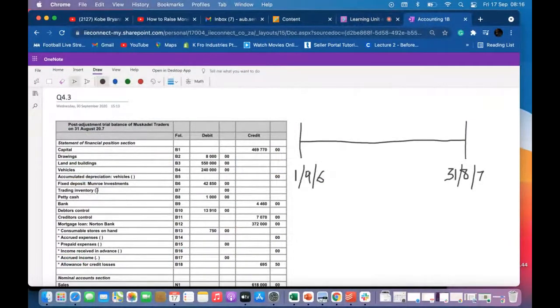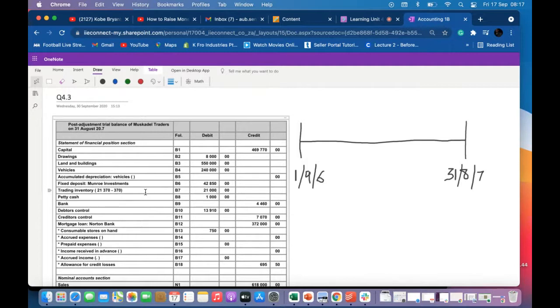We look for trading inventory, and there we say, okay, we know it's 21,370, but a stock take showed us it was 21,000. So we're deducting the 370 to make sure that we have 21,000 to match what we actually have on hand. So we've dealt with that one.